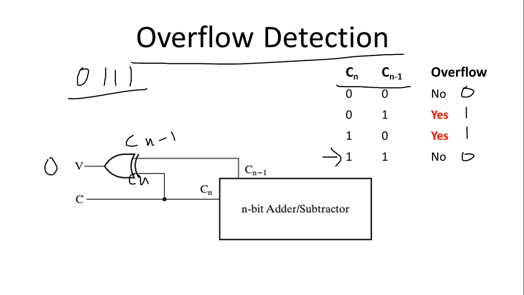So if it exceeds the upper limit, we just copy this number to our answer. And if it exceeds the lower limit, we copy the highest negative number to our answer, that is 1 0 0 0. This is one method to cater to our overflows.